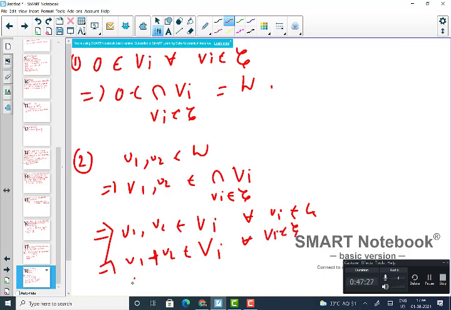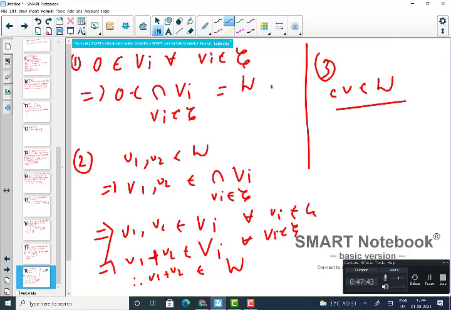So v1 plus v2 is an element of the intersection of the Vi's, which is W. Similarly, the same thing is true for number 3: if you multiply by a constant, it is an element of W again. So if you take the intersection of some collection of subspaces, it will be again a subspace.